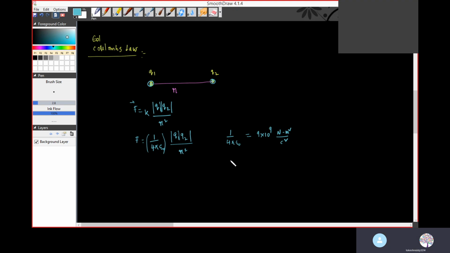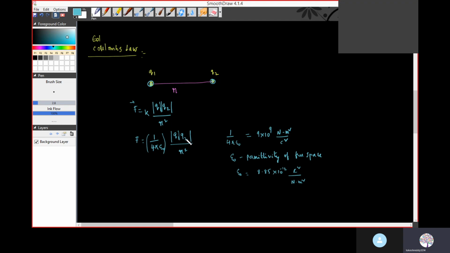Epsilon naught is the permittivity of free space. And this epsilon naught value is 8.85 into 10 power minus 12 Coulomb square by Newton meter square.